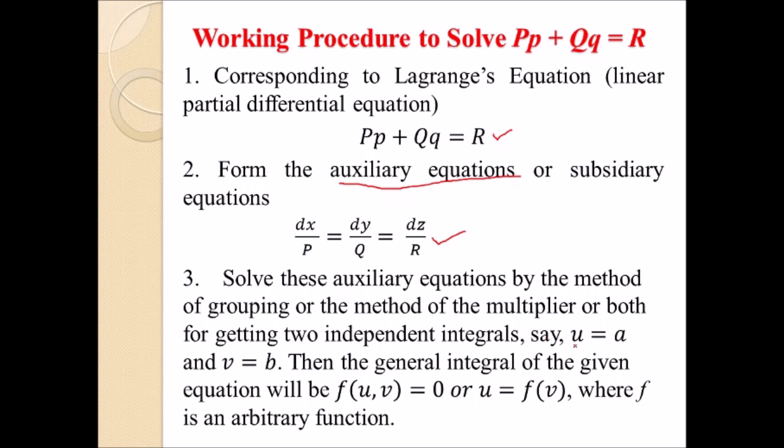So we look for two independent solutions. Say u equals a is one independent solution and v equals b is another independent solution. Then the general solution is given by f of u comma v equal to 0, or u equal to some function of v.